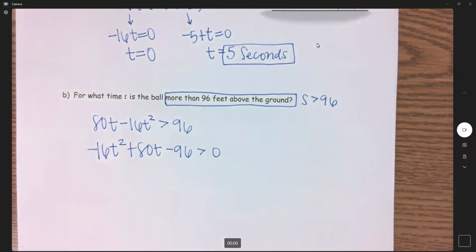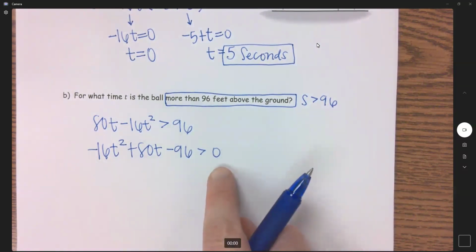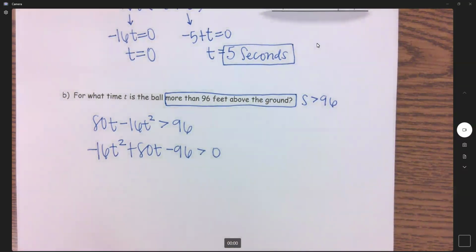So we have a trinomial. So let's try factoring. And the first thing we do when we factor is check for standard form. Yes. Now, GCF. What is my GCF here? Okay. It is 16 or negative 16.